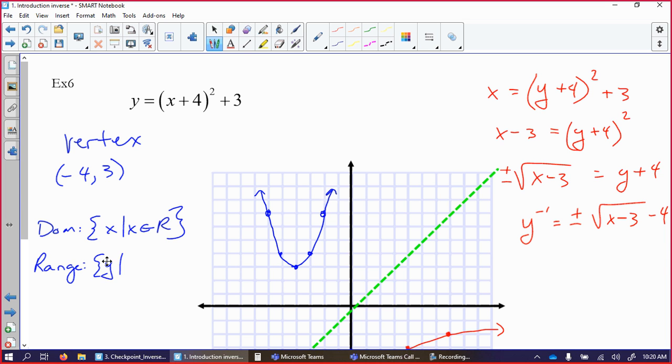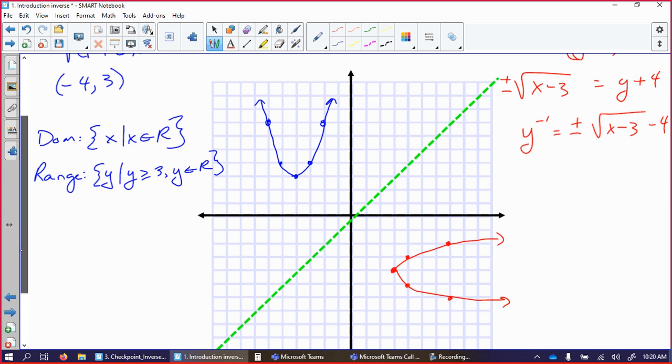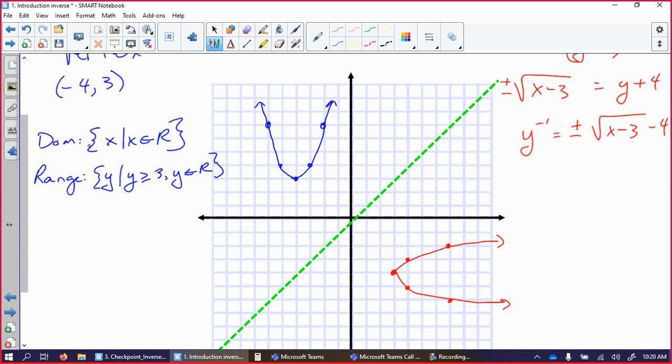The range is the y. It has a minimum, so all of the y values have to be greater than or equal to positive 3. y is part of the reals. So an inverse, well, algebraically, we switch the x and the y. The inverse has a domain.